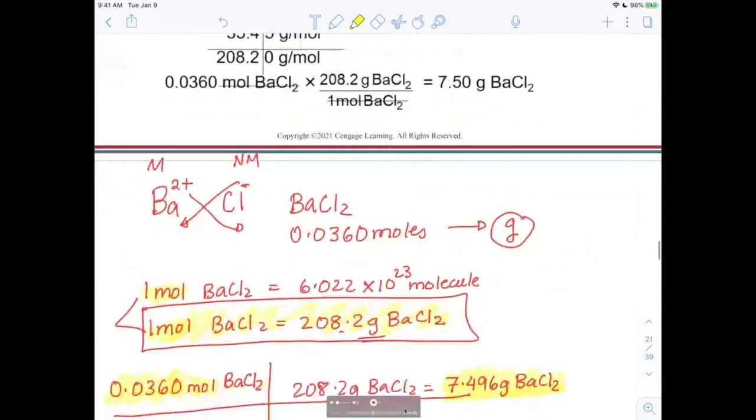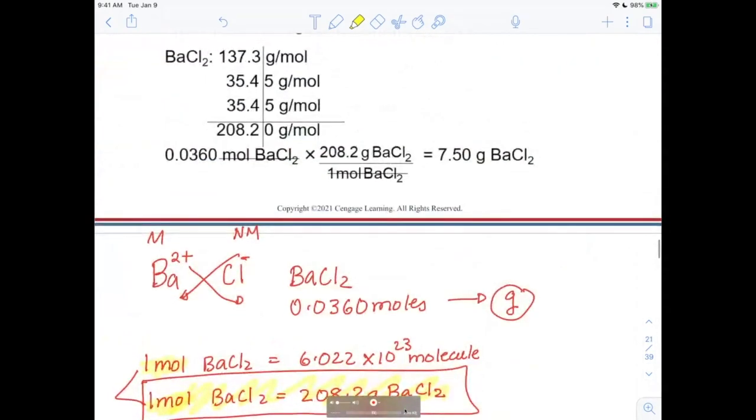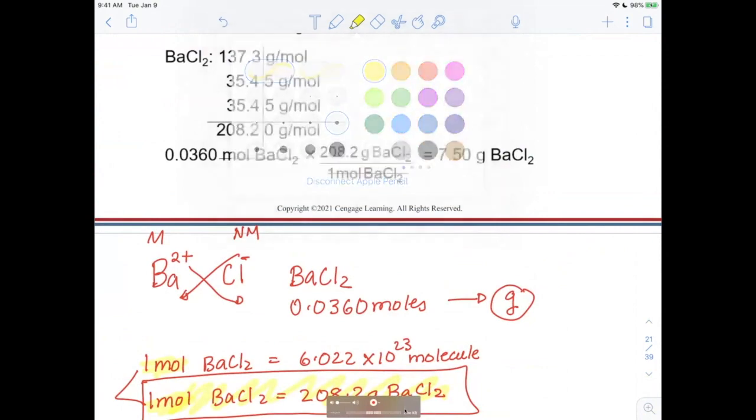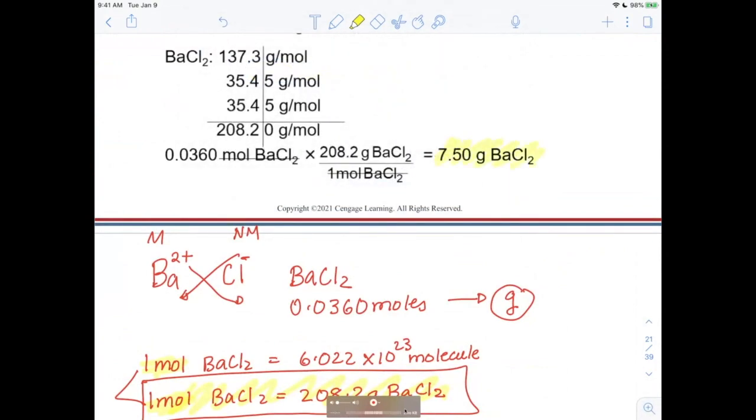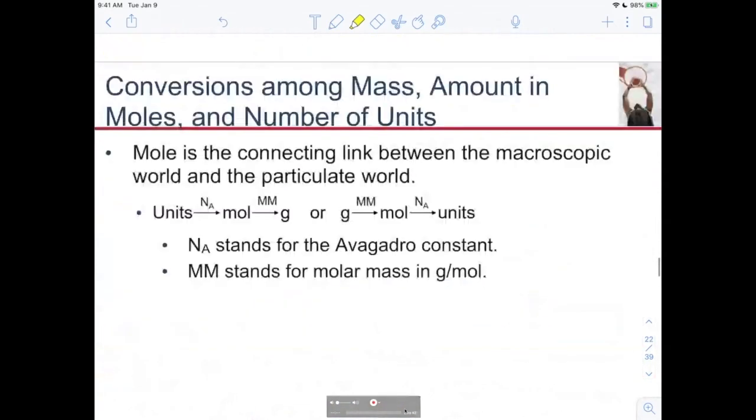Well, they rounded theirs up, but you get what I'm saying, right? If you were to count the number of molecules in that mass, you will get these moles, the moles of that substance.